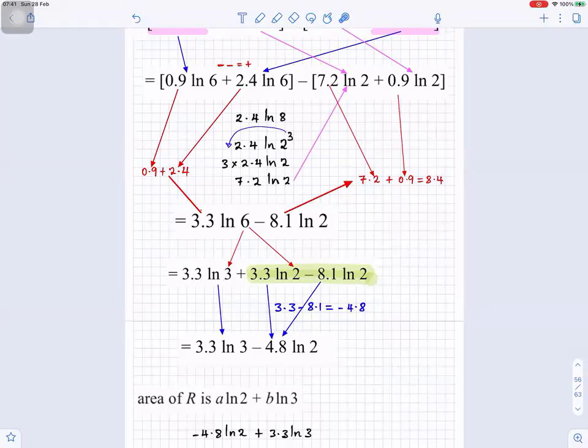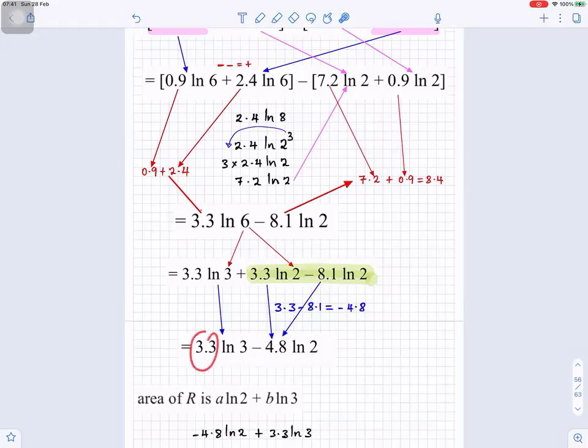And now you can change 6 as 3 times 2. So it's 3.3 ln 3 plus 3.3 ln 2 minus 8.1 ln 2. Now 3.3 minus 8.1 gives you minus 4.8.